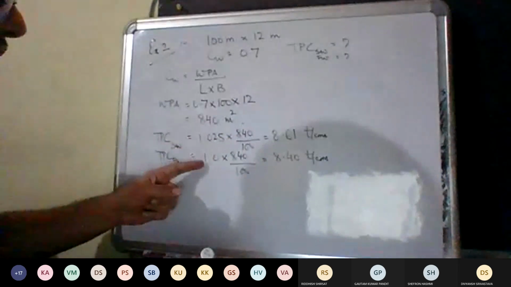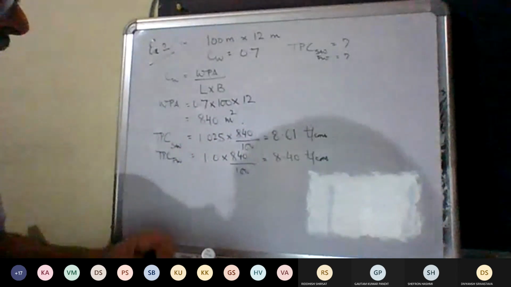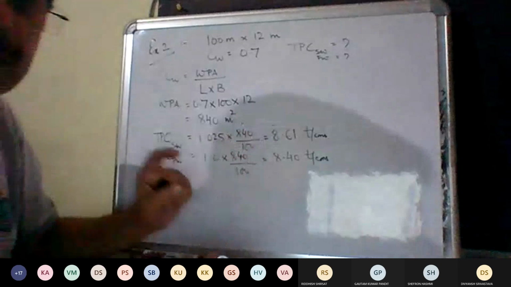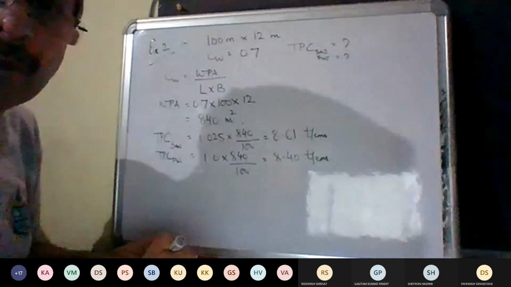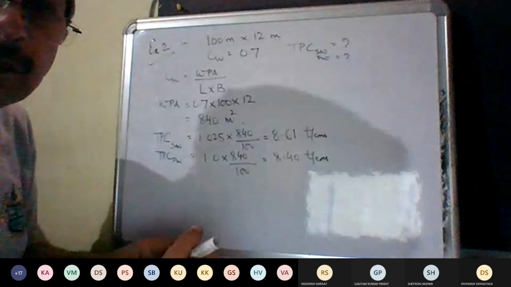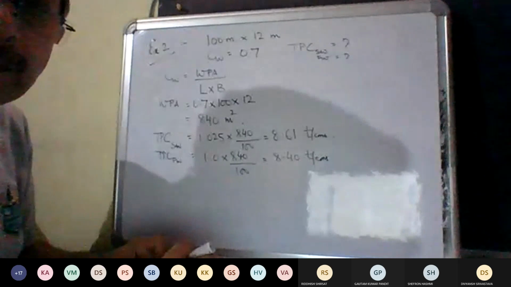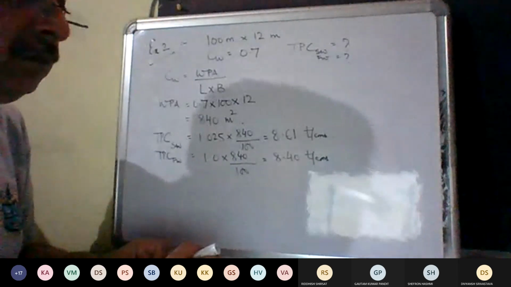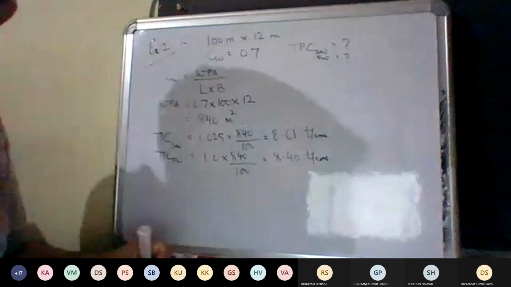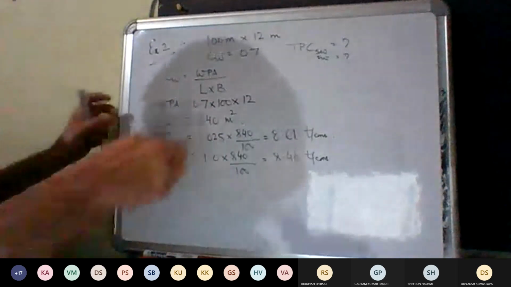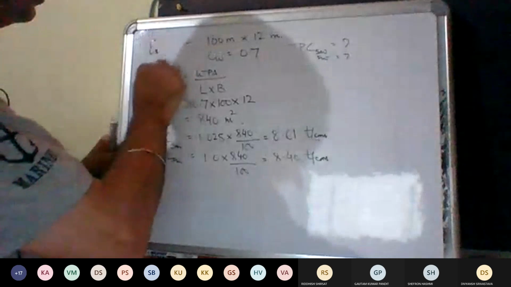It is directly proportional. If density changes, TPC changes. Is that okay?